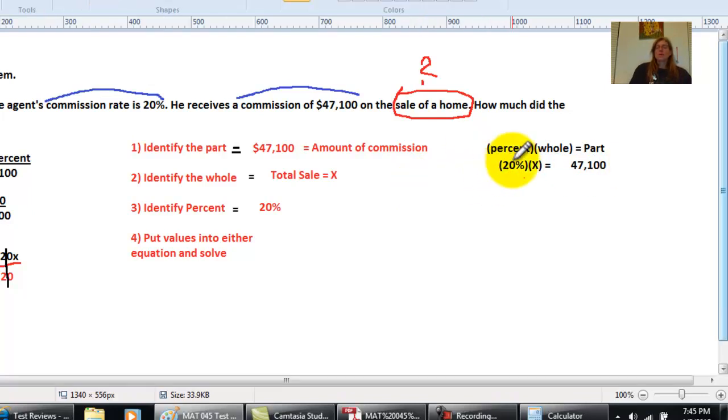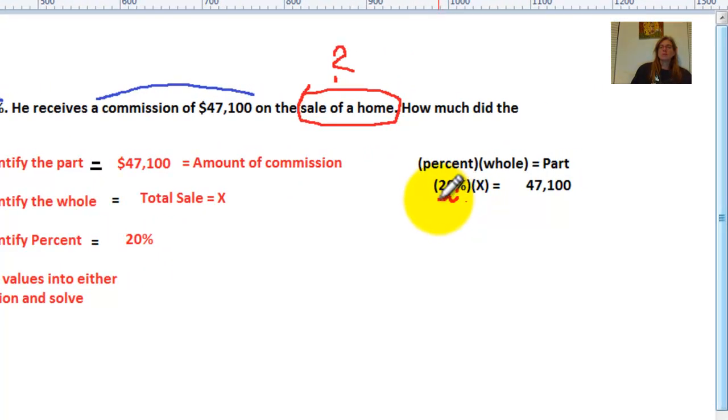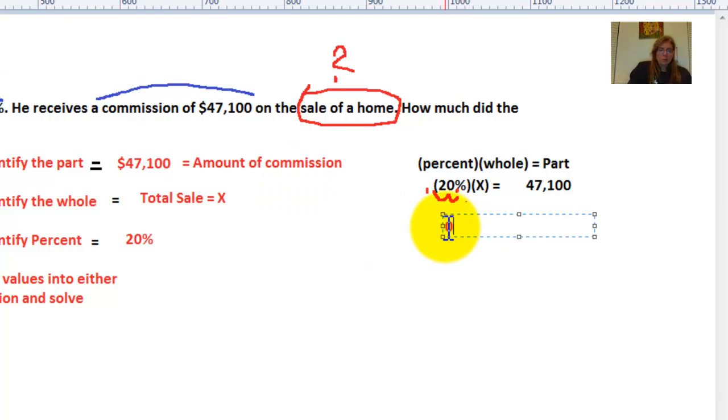Okay, so we're going to change this percent to a decimal because you can't do any math with this number until you change it to a decimal. And to do that, the decimal is already here, and when you take a percent sign off, that's dividing by 100, so you move the decimal 2 places to the left, and that will give you your new number of 0.20.